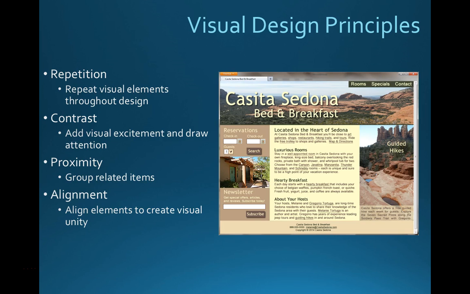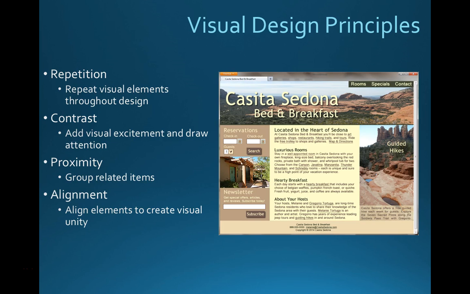All right, let's take a look at the 4 visual design principles, at a very basic level. We have repetition, contrast, proximity, and alignment. All of these are displayed in this sample graphic that we have. While repetition, we're seeing repeated visual elements throughout the whole design.